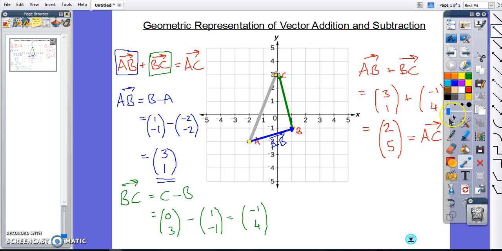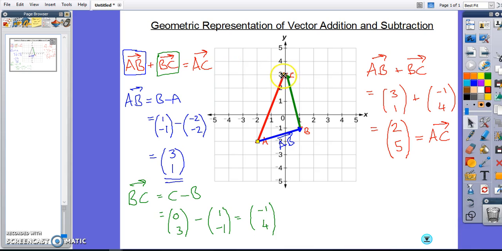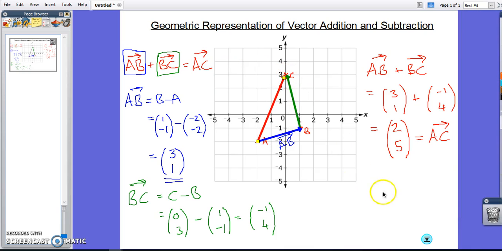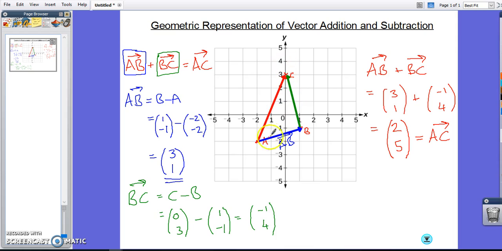And we'd like that to be red, please. Okay, and maybe just a little bit thinner so it's a bit clearer. What's going on? So, we've taken AB and BC and added them together, and we get the vector AC.